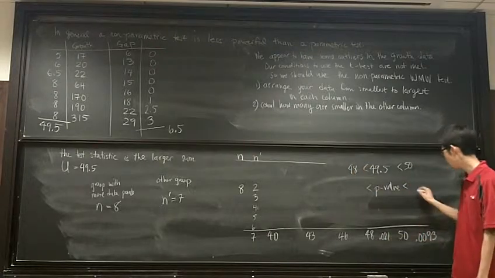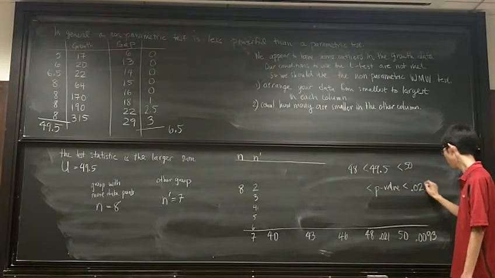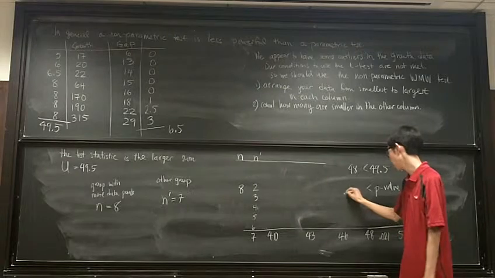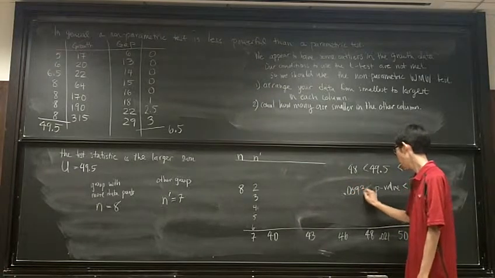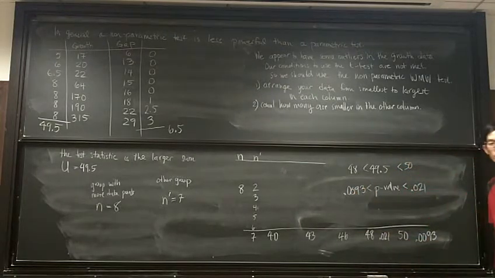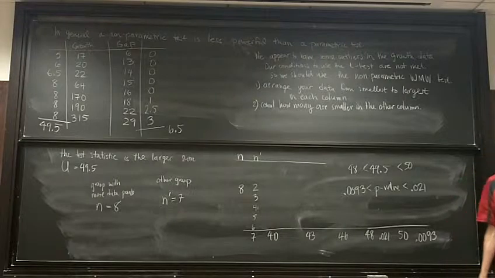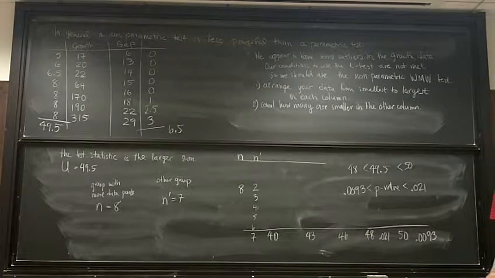So my p-value is going to be between 0.021 and 0.0093. Does that work? The use of the Wilcoxon Mann-Whitney table.